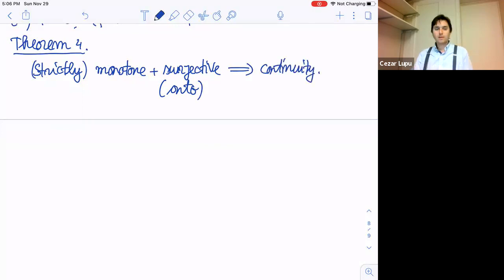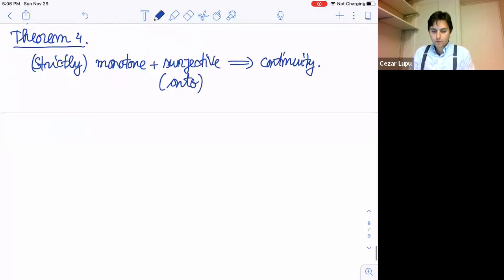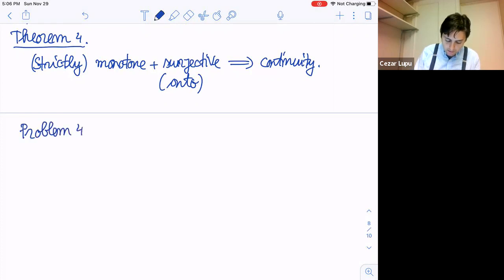So that's the thing that we need to remember from this one. All right. Now, combining these theorems, I would like to talk about problem 4, which is pretty standard, but it's good to know, because in this way you can operate with these theorems, but also with functional equations involving continuous functions.